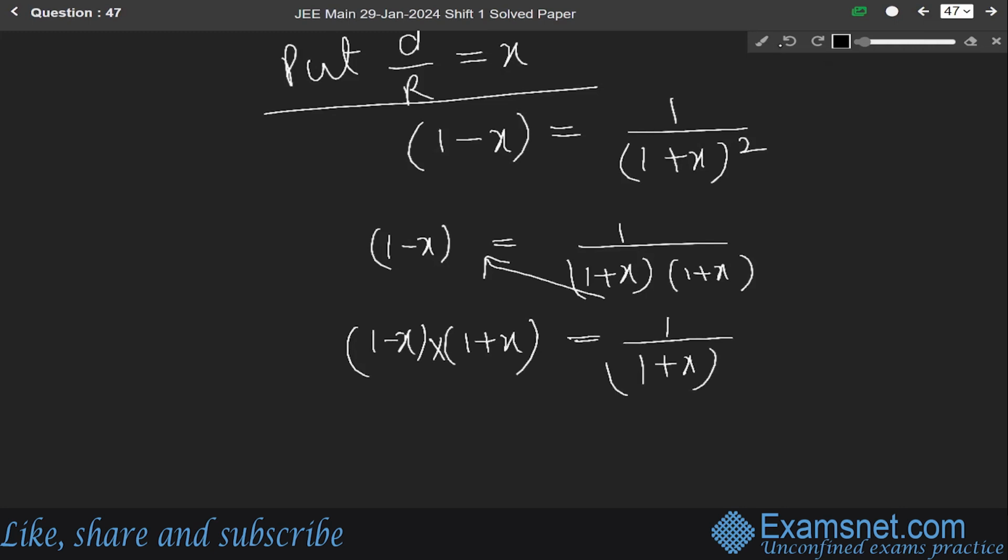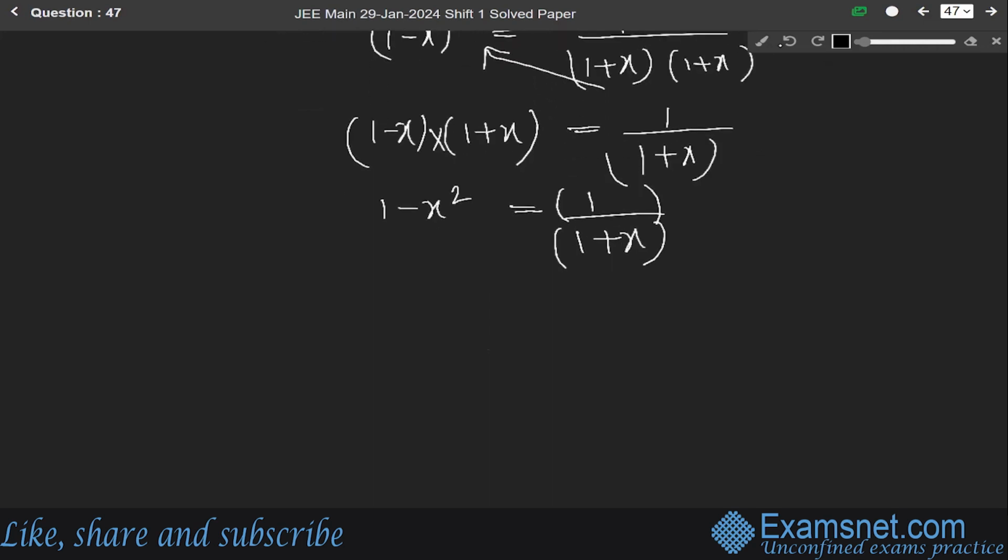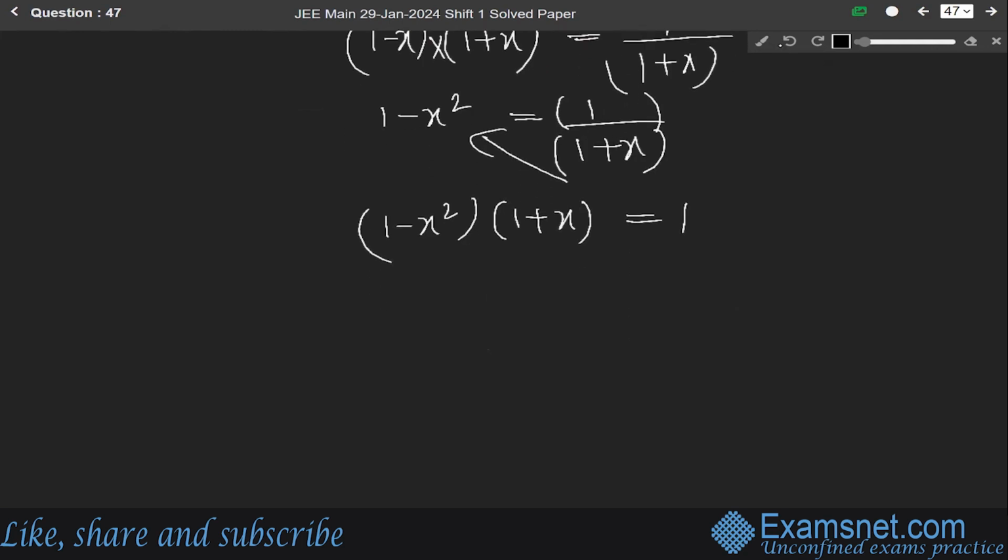So (a minus b)(a plus b) means a square minus b square, equals 1 over (1 plus x). Now multiplying this with this, (1 minus x square) into (1 plus x) will be equal to 1. Now solving this bracket, 1 plus x minus x square minus x cube equals 1.